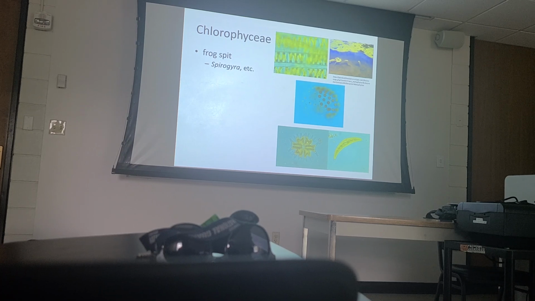But there can be some other stuff in there too. Spirogyra is really easy to recognize because you have that spiral chloroplast in a filament. And there's nothing else that does that.